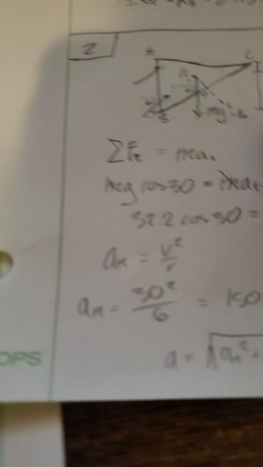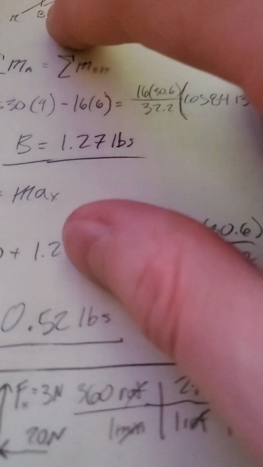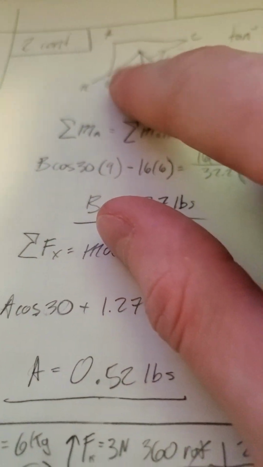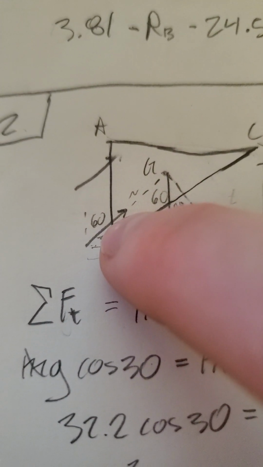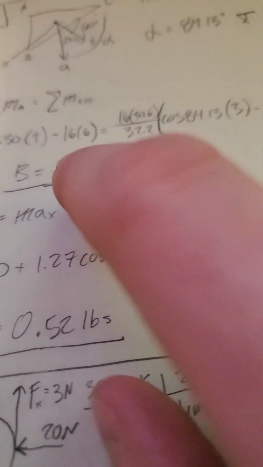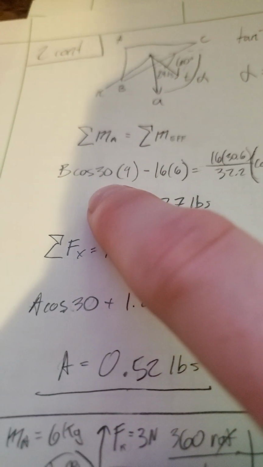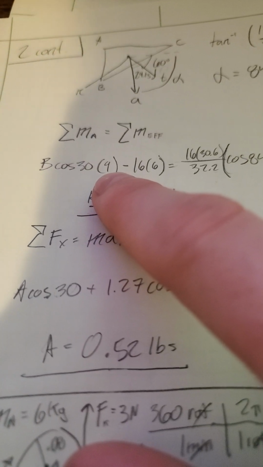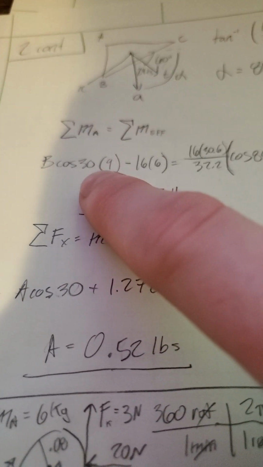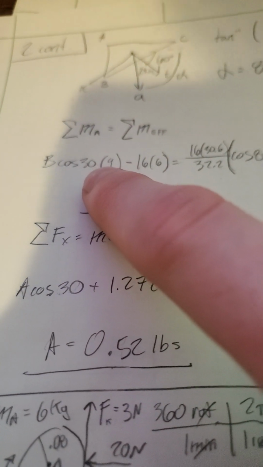So it's going to be these two forces. I didn't label them on this triangle, but I did on this one. So it's going to be the force at B from this one and the force at A from this one. But since we're summing the moments around A, we only need to use the force B times the distance, which is 9, and the component, since we're switching it back to x and y.